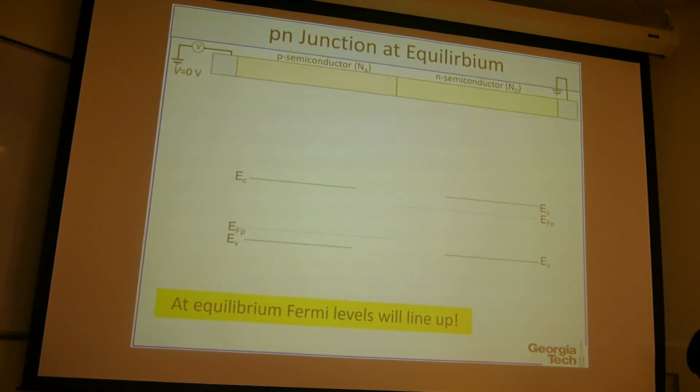To talk about this, we need to look at the band diagram. That's why I prefer to use the band diagram to describe the process. So this is a band, and you have done this homework.